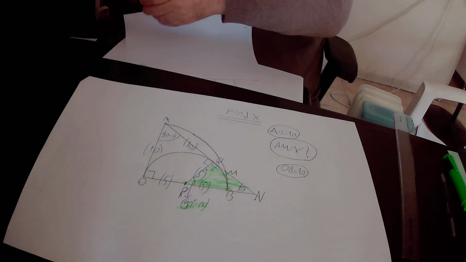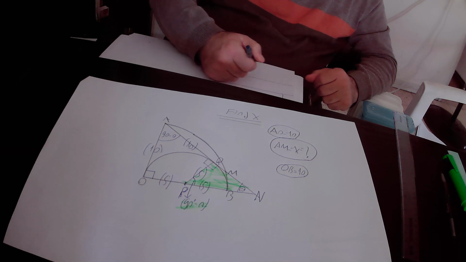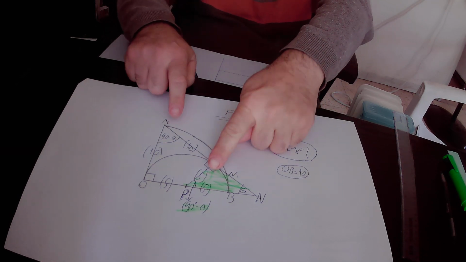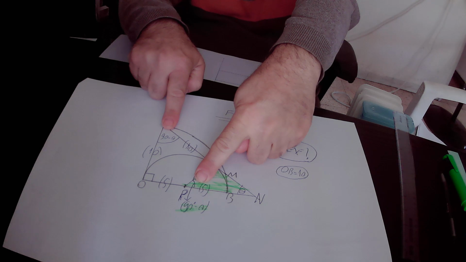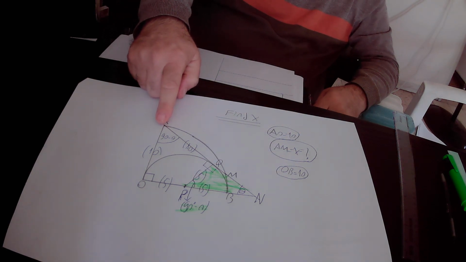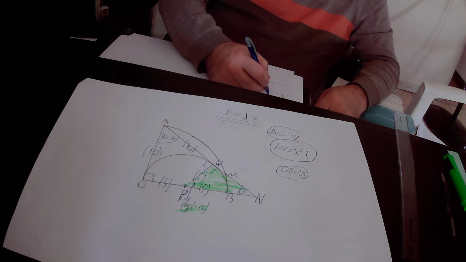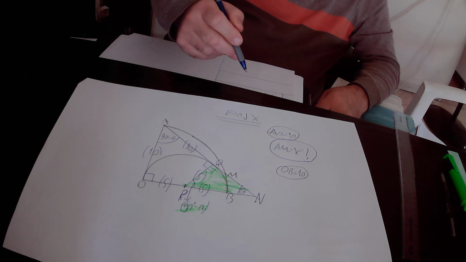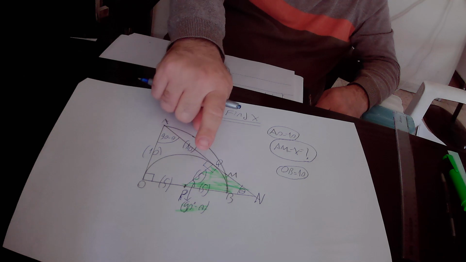And finally, those two angles are both equal to 90 degrees minus theta, therefore they are equal to each other. So this is angle NAO in the big triangle ANO, and it is equal to this angle, that is actually angle QPN in the green triangle.